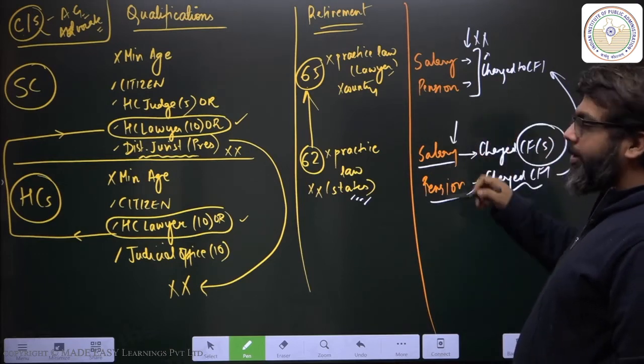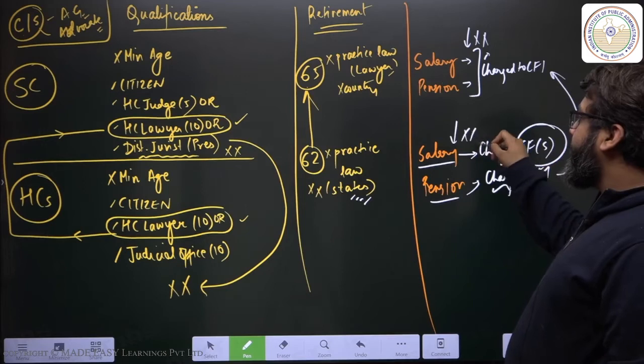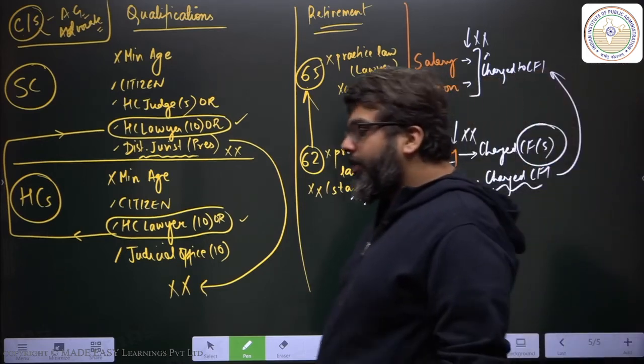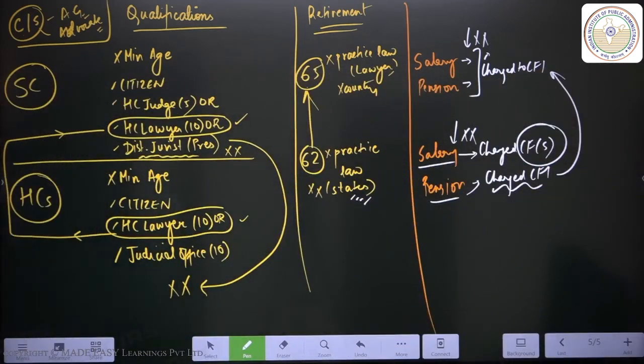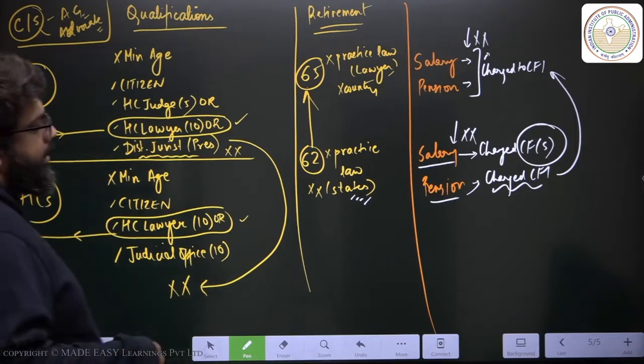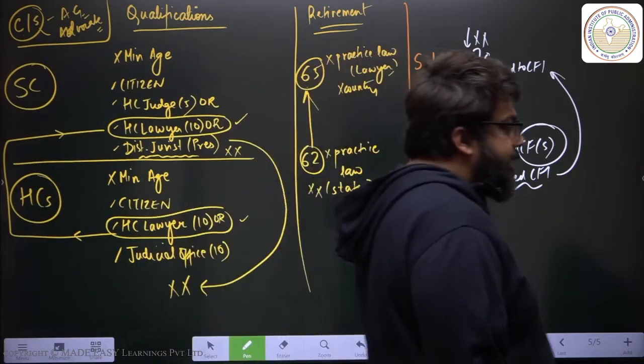And in the state budget also, you can't reduce it to their disadvantage unless, of course, there is a financial constraint of some sort. So these are your financial benefits.